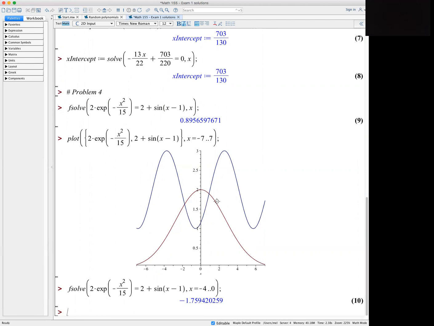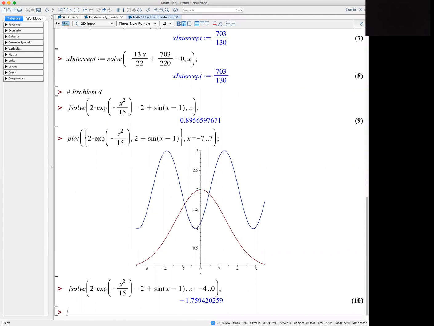But looking at the graph, we know there are 2, and then we have to search for it explicitly. Just save because it's too easy to lose stuff. Okay, that was problem 4.